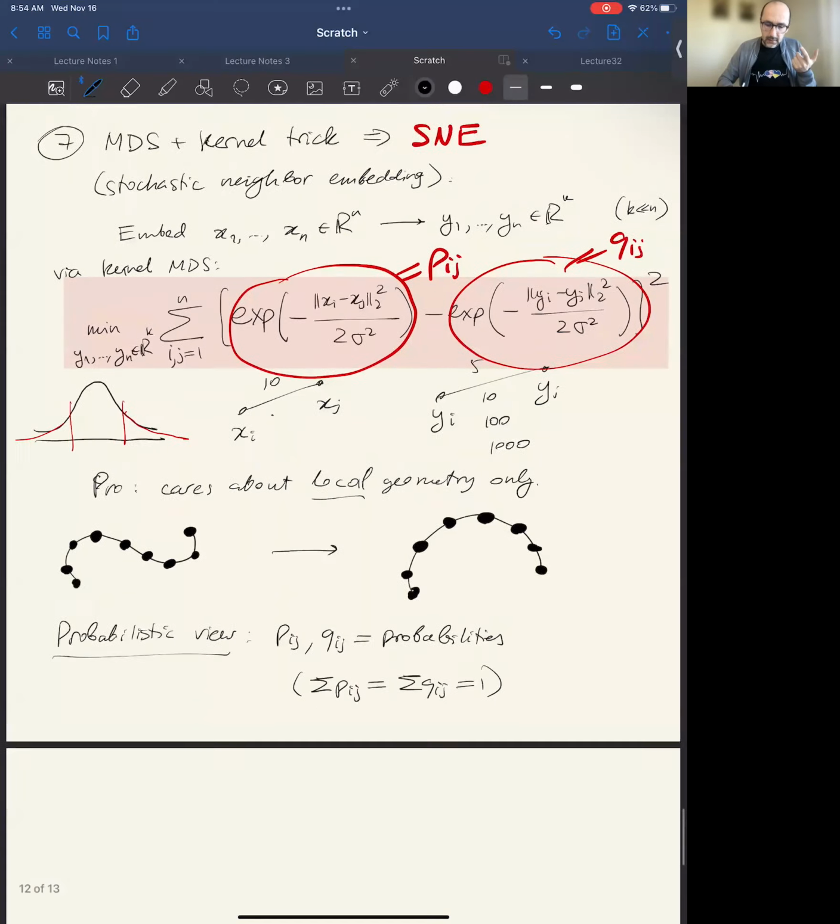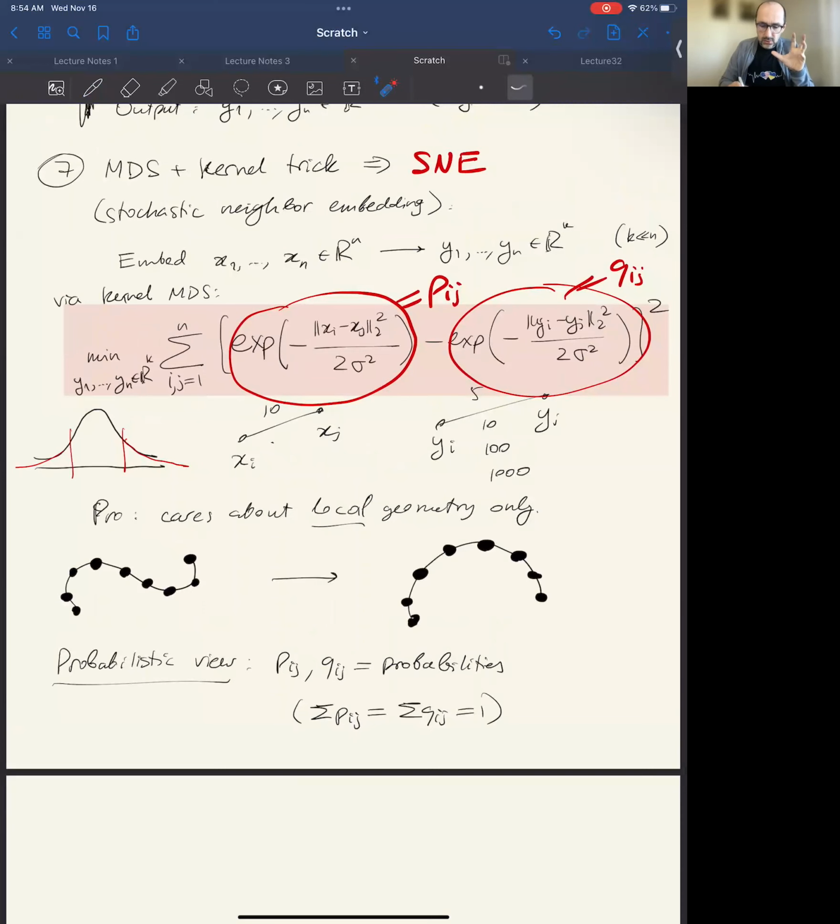So if we look at this as probabilities, we're looking at this as a stochastic model, a probability model. And we would like the stochastic model for the true data to be close to the stochastic model for the low dimensional representation. We would like to match the two stochastic models, the two distributions. And the least squares is not the best way to match these two distributions. There is another function that captures the difference between the two distributions.